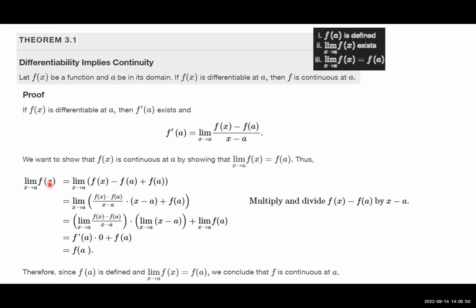All right, so the limit of f of x, what is that? Well, notice that we're trying to get to the condition over here. This is what we're trying to get to.